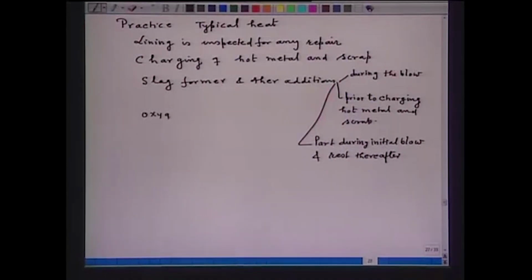Then oxygen is blown, as I have said, through a lance placed vertically above the bath. Now, here the oxygen blow has to be controlled.